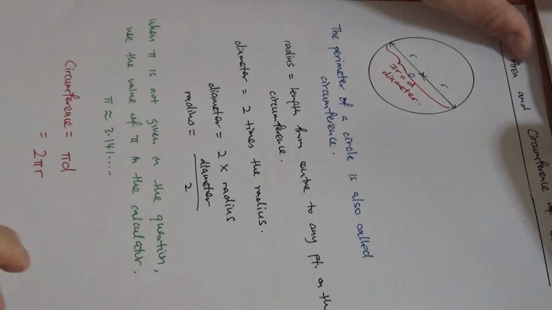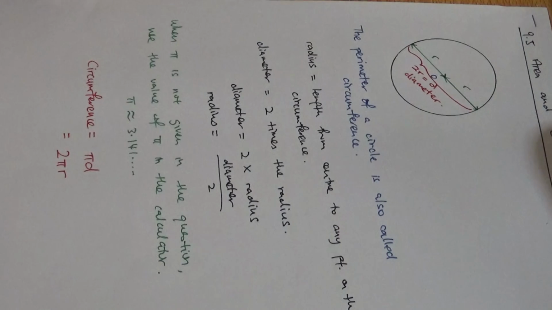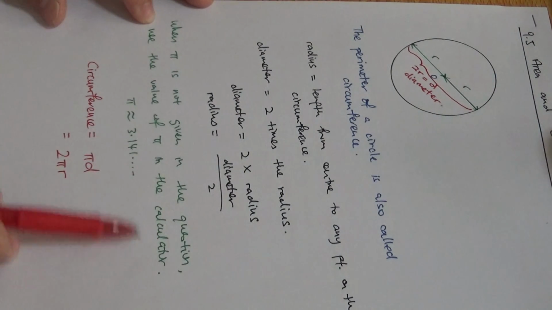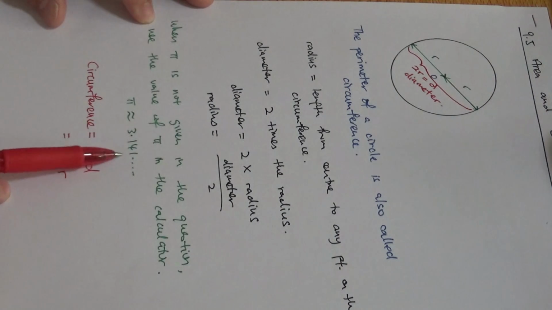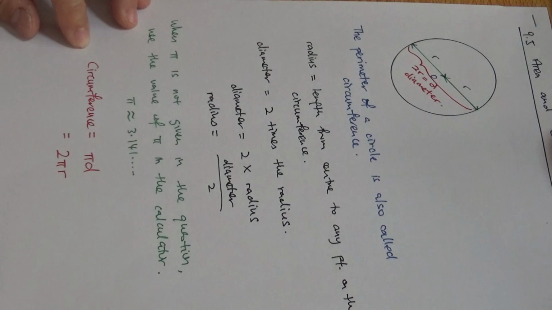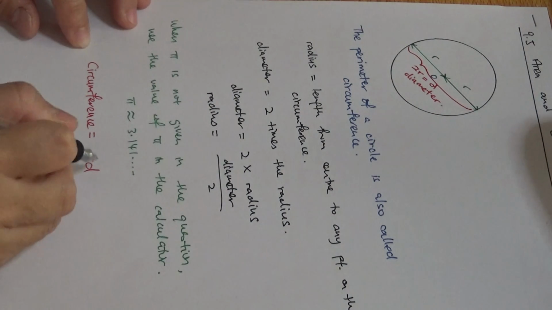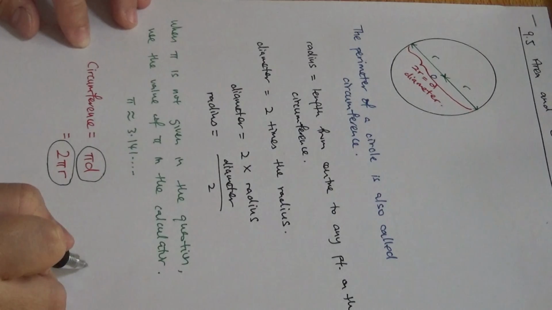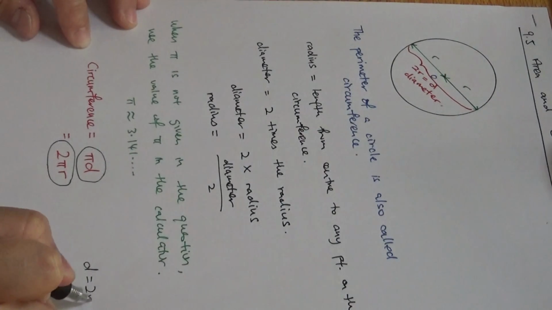Now, like what I've said before, when pi is not given in the question, use the value of pi in the calculator. You are able to find the value of pi on the calculator. Now, what is the formula for circumference or the perimeter of the circle? It's pi d or 2 pi r. Why is that so? Because d is actually 2r.